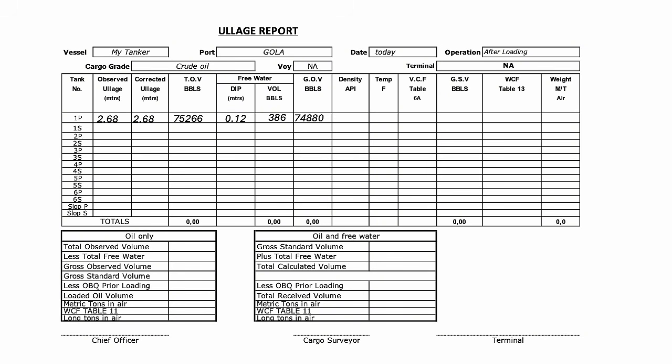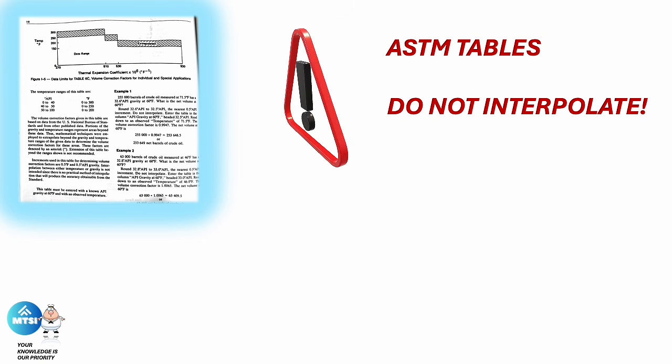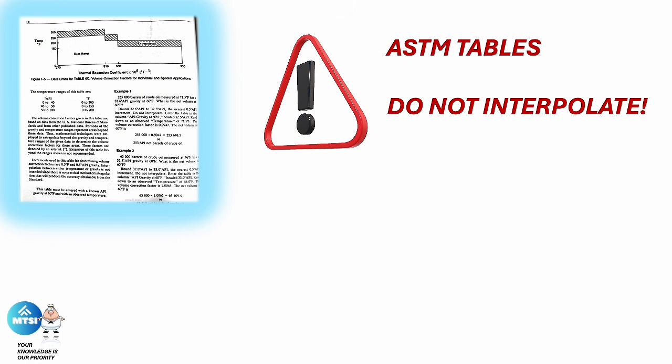Enter density and average temperature for each tank. Find the volume correction factor. Do not interpolate. Always round temperature and density to the nearest increment in the tables.